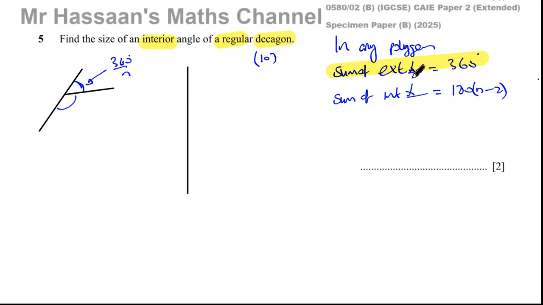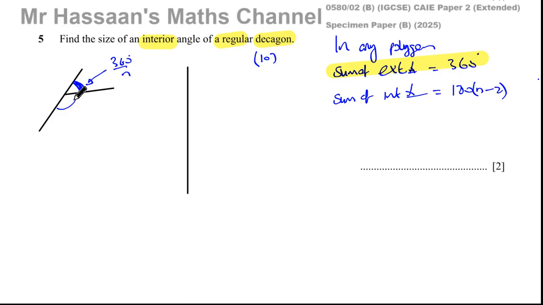Why? Because the sum of exterior angles is 360 degrees. If we have a regular polygon, then the size of one of the exterior angles is going to be 360 divided by the number of sides, because they're shared equally amongst each corner, right?